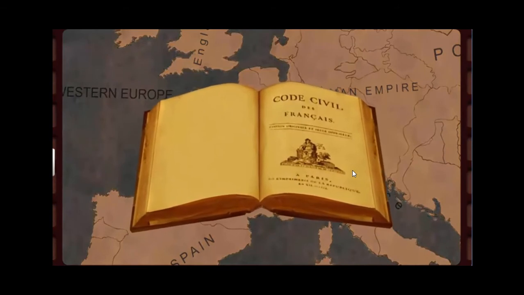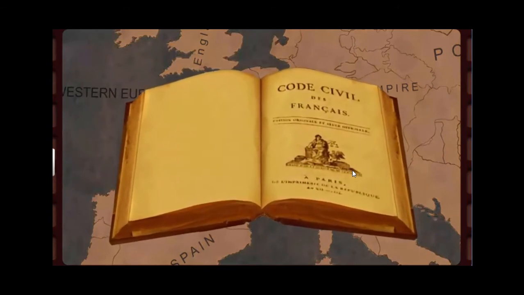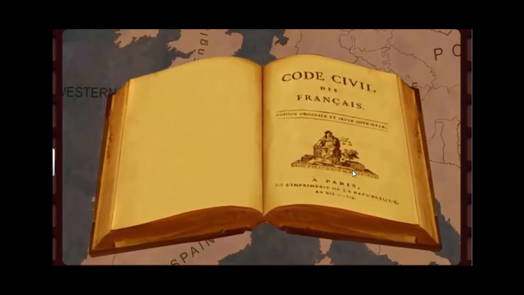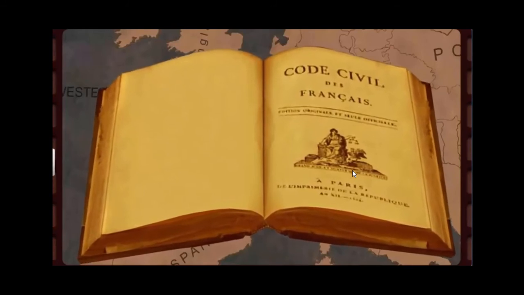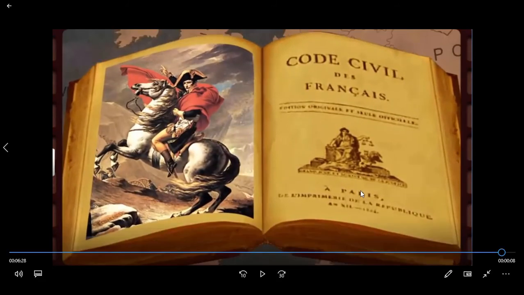So, we can say that Napoleon had no doubt destroyed democracy in France, but in the administrative field, he had incorporated revolutionary principles in order to make the whole system more rational and efficient. For these reasons, several European regions welcomed Napoleonic forces as the harbingers of liberty.